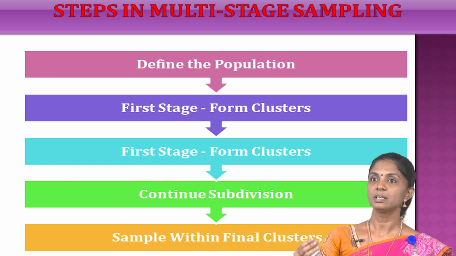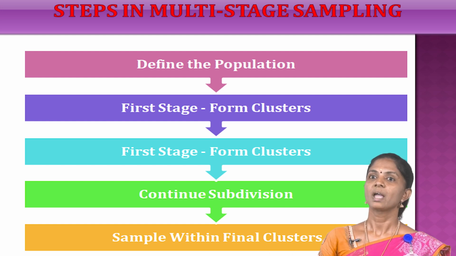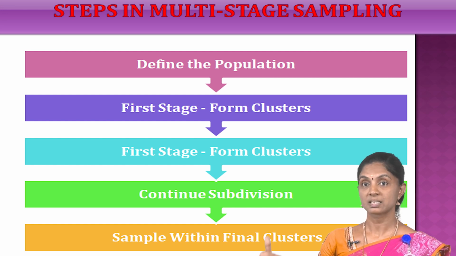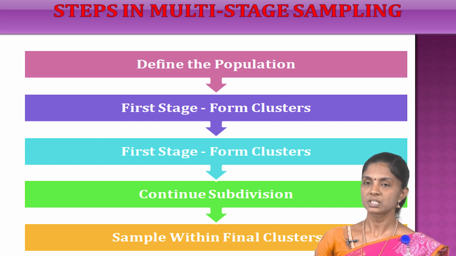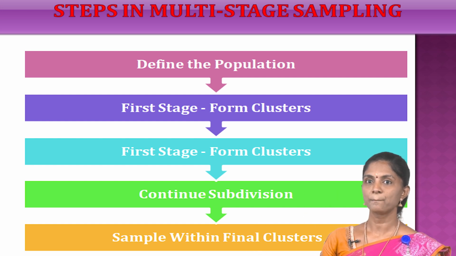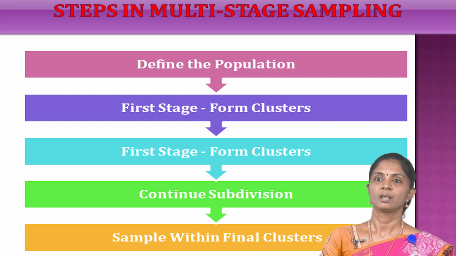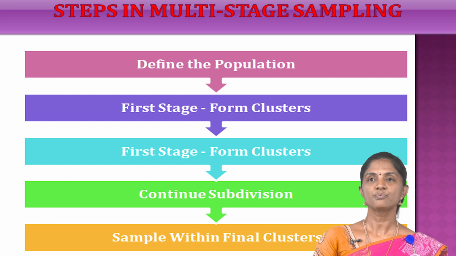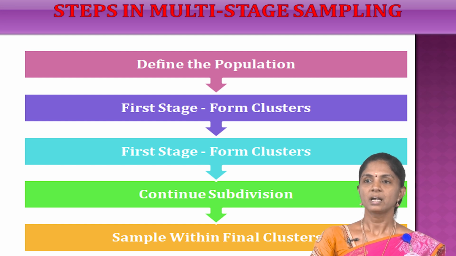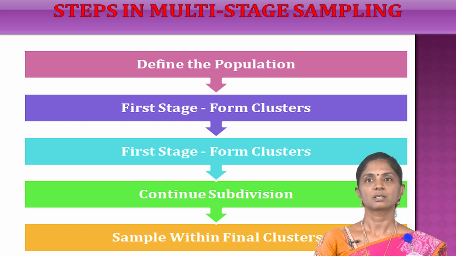Divide the selected primary clusters into secondary clusters and randomly select the number of these secondary clusters. Then continuous subdivision: continue subdividing and sampling within the clusters until the final sampling units are selected. So sample within final clusters, randomly sample individuals within the final clusters.